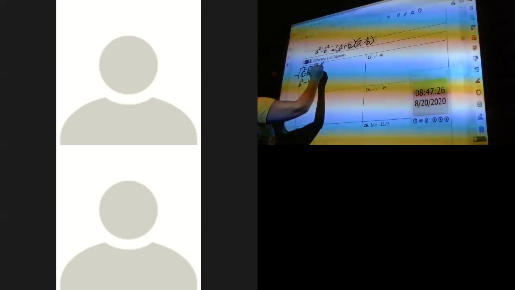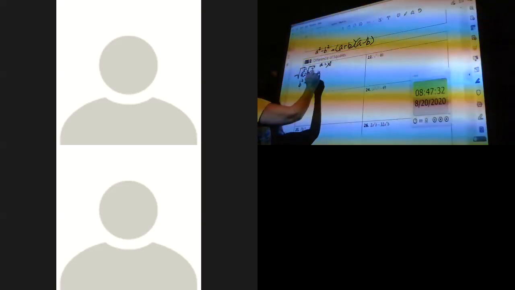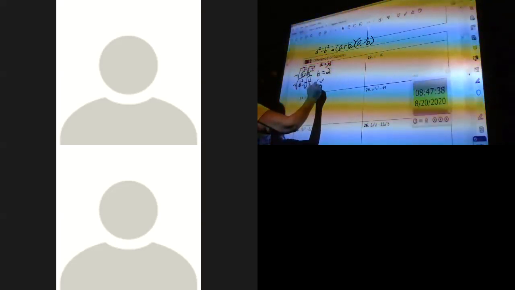So a is equal to x, and b is equal to 2. And so your solution is x plus 2, x minus 2. That's so easy.